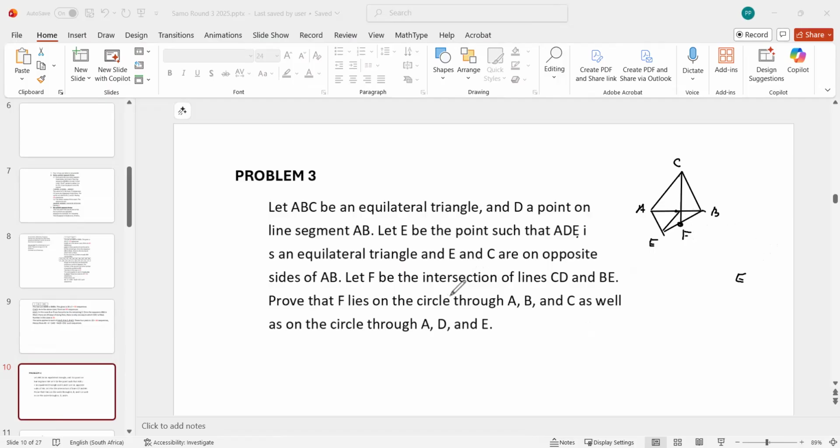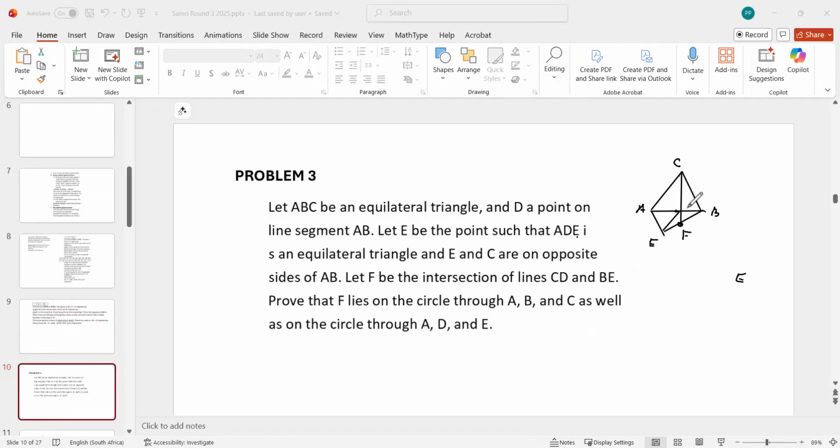Okay. Prove that F lies on the circle through A, B, and C. This F, where these lines meet, prove that they lie on the circle. There's only one circle that can go through A, B, and C. Right? For any triangle, there is a unique circle that contains the three vertices, and the center of that circle is where the perpendicular bisectors of the three sides meet.